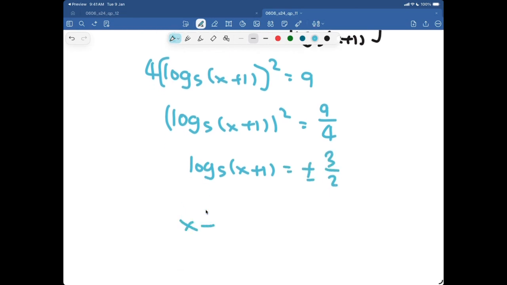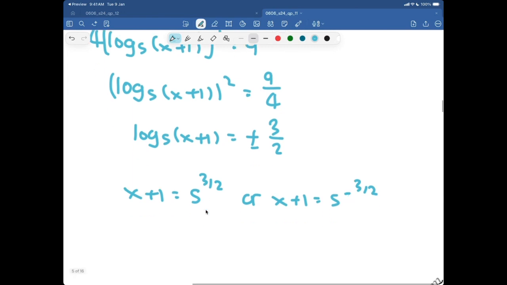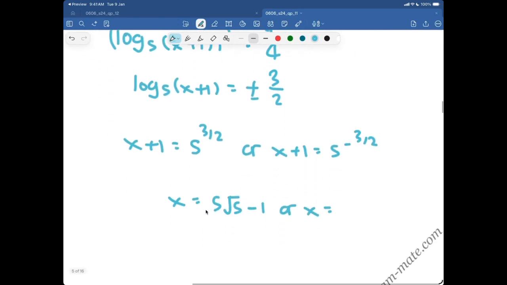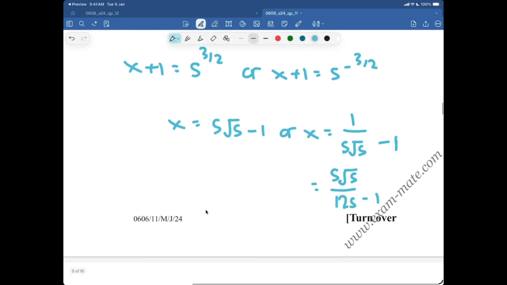So therefore x plus 1 is equal to 5 to the power of 3 over 2, or x plus 1 is equal to 5 to the power of negative 3 over 2. x equals 5 root 5 minus 1, or x equals 1 over 5 root 5 minus 1, which equals root 5 over 25 minus 1 if we rationalize the denominator.